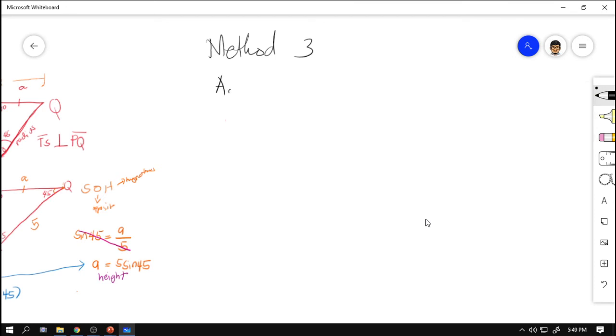The area of the segment is equal to the product of r square over 2 times pi over 180 and the degree measure of the central angle minus sine C. Okay.